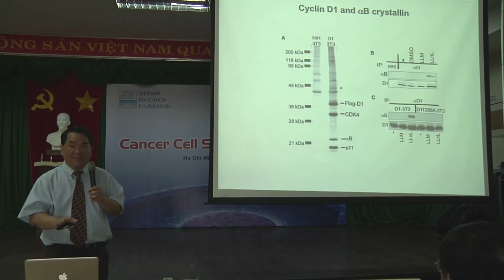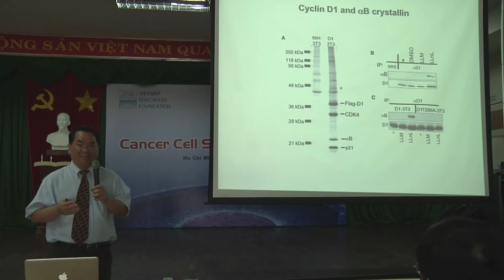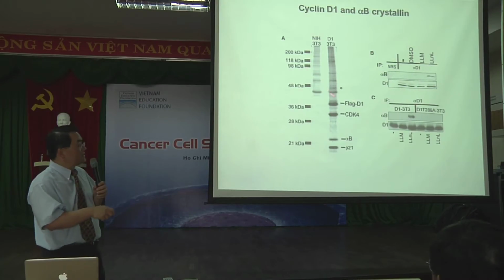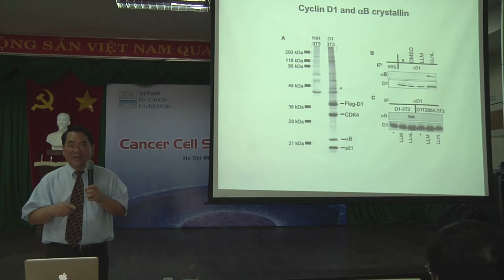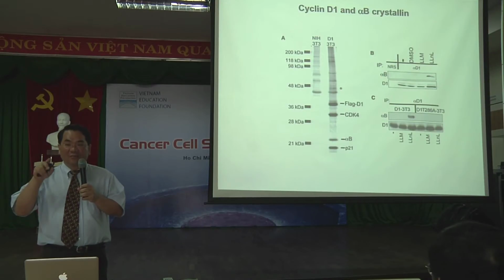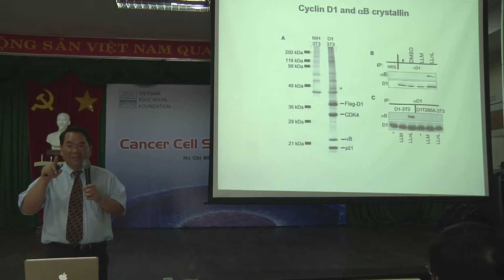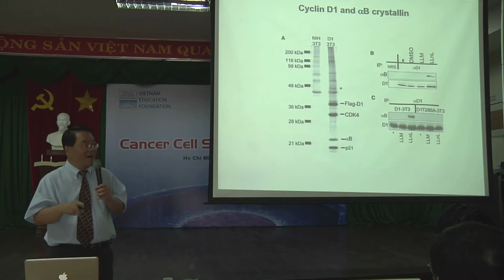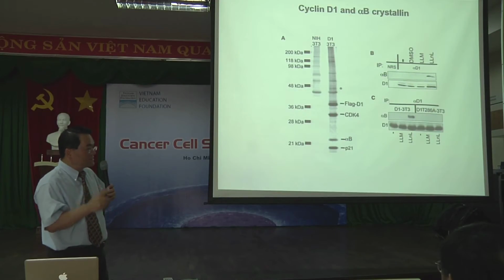Then you run a protein gel, and use an antibody, say you already know alpha B crystallin is possibly associated with cyclin D. You immunoblot the immunocomplex with the alpha B crystallin antibody to see if alpha B crystallin is present in the immunoprecipitation complex of cyclin D. And they found, yes, indeed, alpha B crystallin is present in the immunoprecipitation complex of cyclin D.